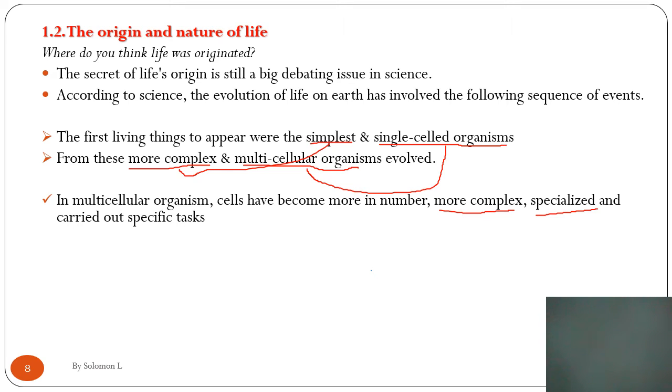However, science says that these multicellular organisms evolved from the simplest single-cell organisms, which originated or evolved on this earth for the first time. So, which is first? The simplest single-cell organisms are first, and multicellular organisms evolved from such organisms.